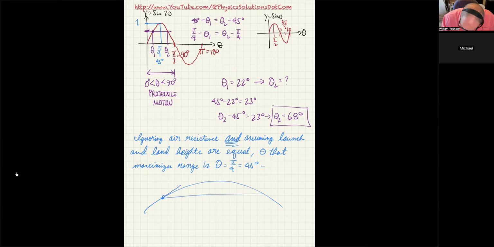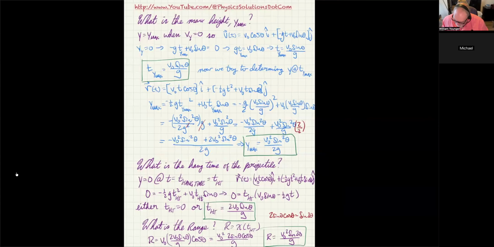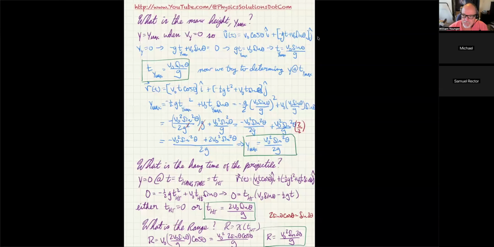So notice at this point, the angle is less than 45 degrees. Whereas right here, it would be 45 degrees if R equals R max. And you can get that just by taking the derivative of R with respect to theta, and you would see that it does work out to be 45 degrees or pi over 4.